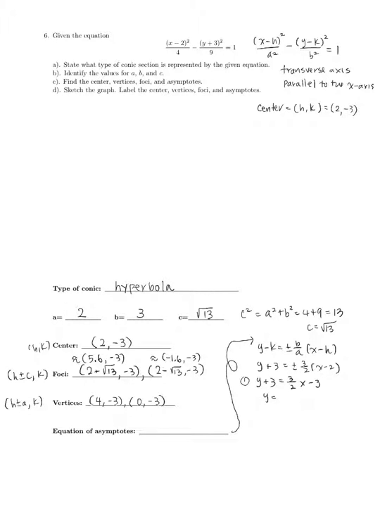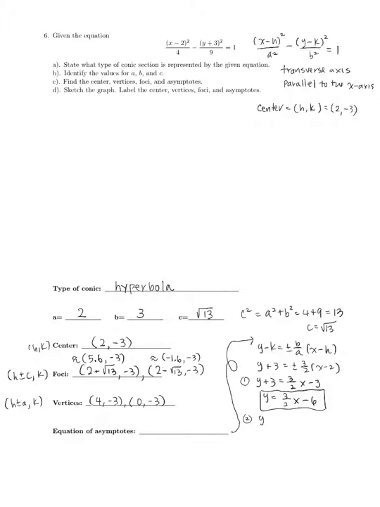Subtracting 3, you get y equals 3 over 2 x minus 6. That's one of the equations of the asymptotes. For the second one, I'm going to take the negative side of 3 halves, distribute, and simplify.